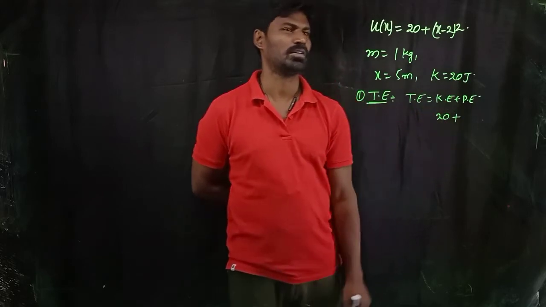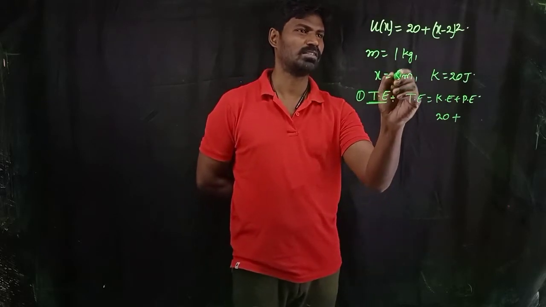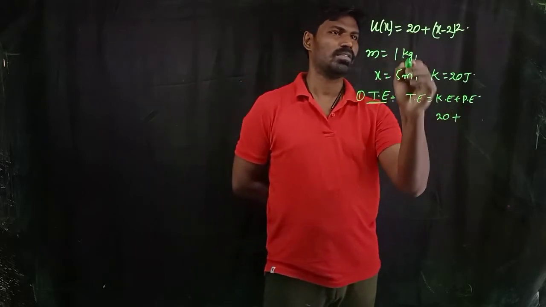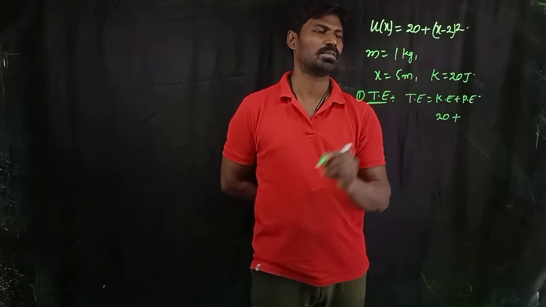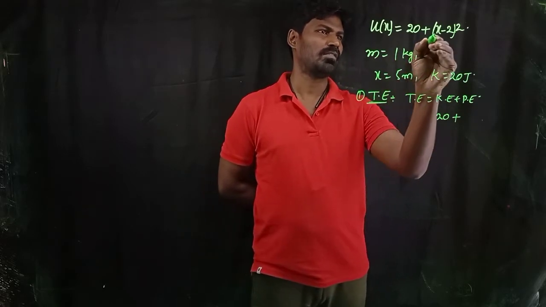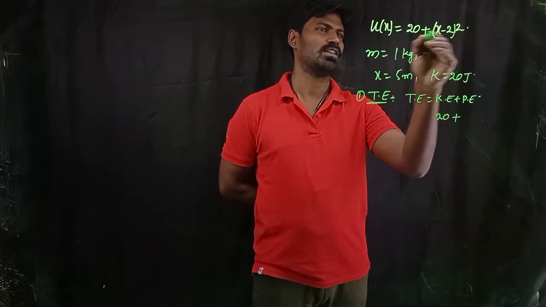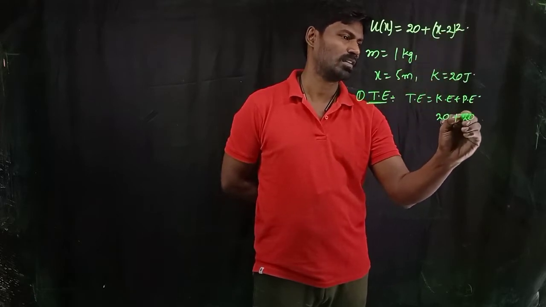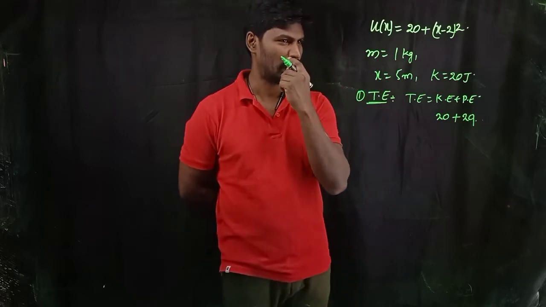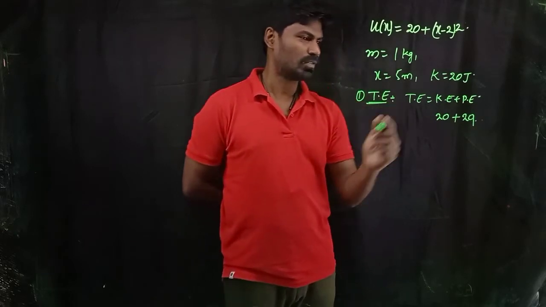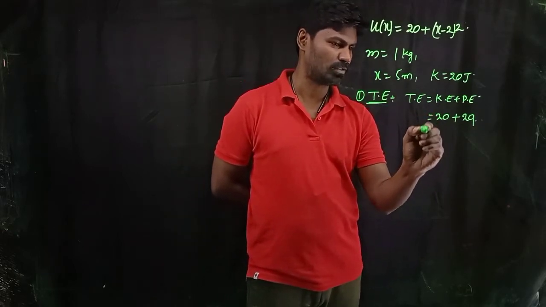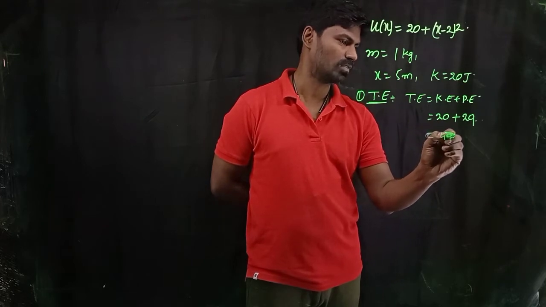Plus, how to calculate potential energy? Simply substitute x equal to 5 in this expression, and you will get the potential energy. If you substitute x equal to 5, 5 minus 2 is 3, 3 whole square is 9, 20 plus 9 is 29. So this is the potential energy at x equal to 5 meters. So therefore total energy is equal to how much you will be getting? 49 joule.